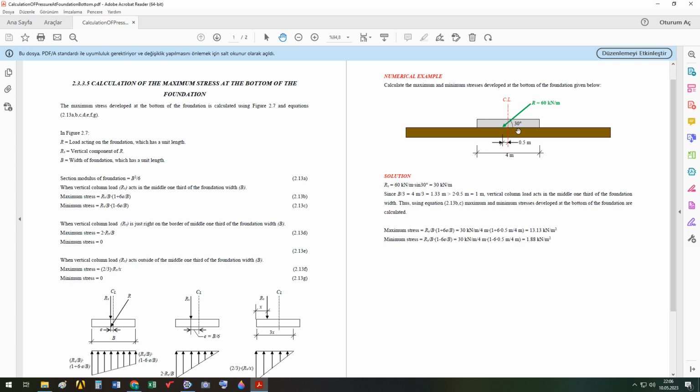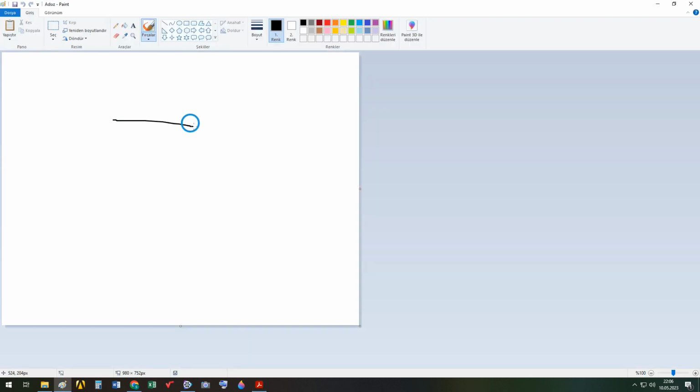And now this length is compared with the length, such that, let me make a drawing here. This here is B over 3. This is the center line.